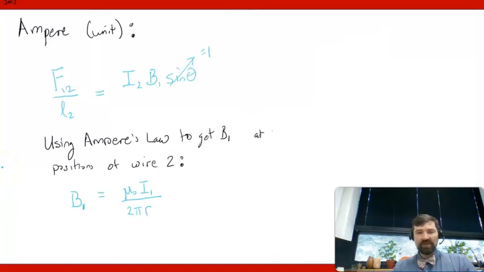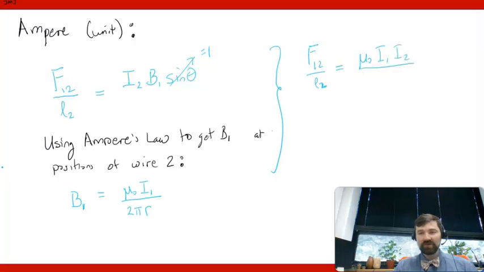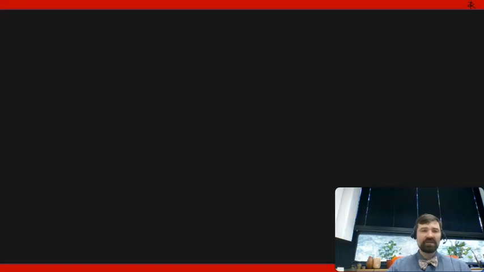We can therefore combine these two equations to get the force per unit length acting upon wire number 2 due to wire number 1. Basically substitute this expression for the magnetic field B1, and what you get is mu naught I1 I2 divided by 2 pi times R.